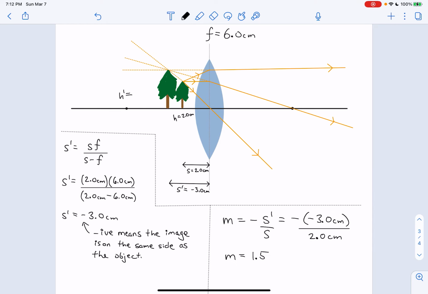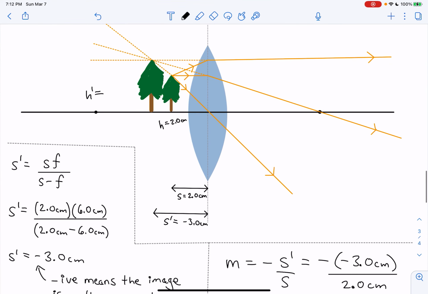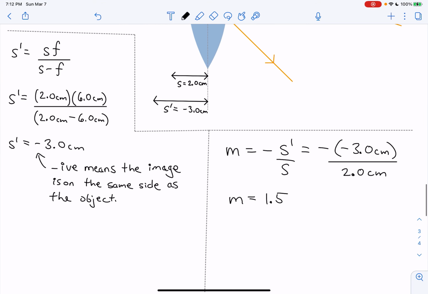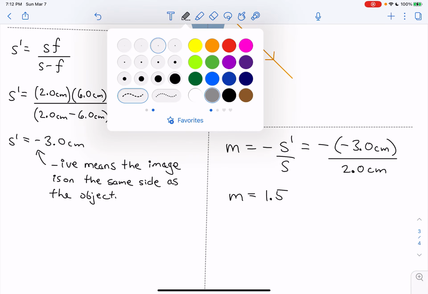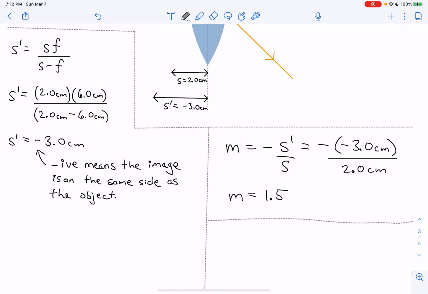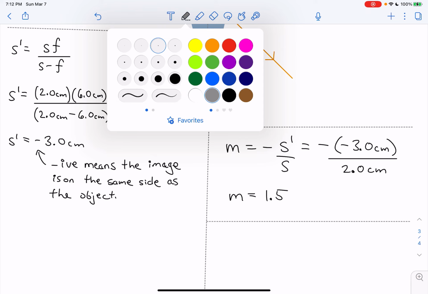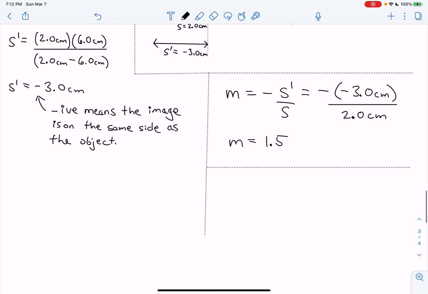And that looks about right when I look at the relationship between the two heights of the first object, which is 2 centimeters, and the image, which even to my ruler here looks to be 3 centimeters. Okay. So then if we want to get the height value, then we're going to multiply that factor by the original height of the object. So our h prime is going to be the absolute value of the magnification factor times h.